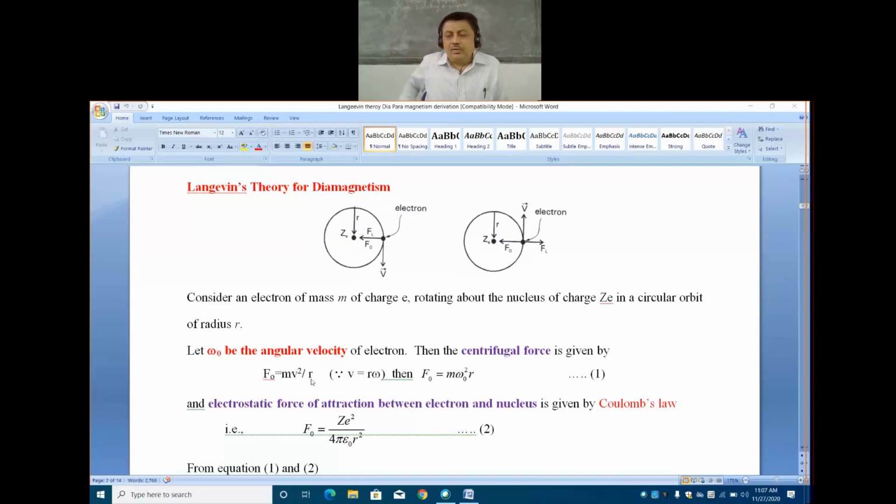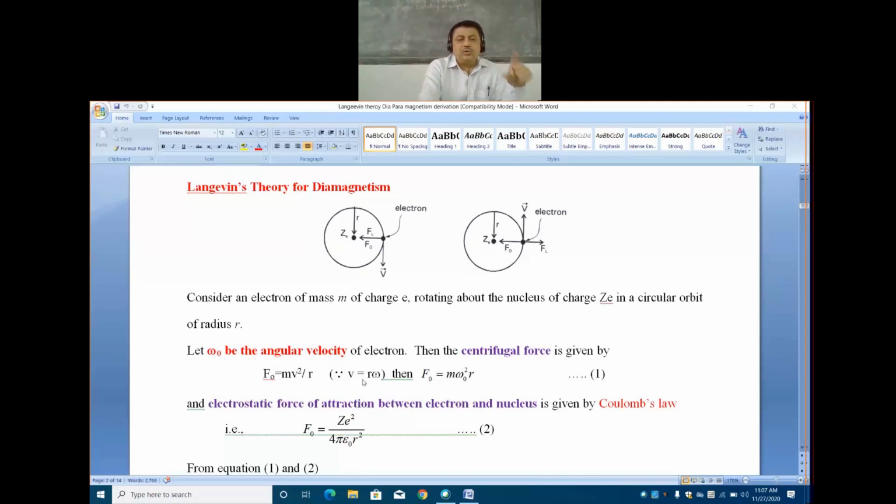Here the body rotating about a fixed object is the electron revolving around the nucleus, where m is the mass of the electron, v is its velocity, and r is the radius of the orbit. So this electron will experience a centrifugal force F naught, which is acting outwards.